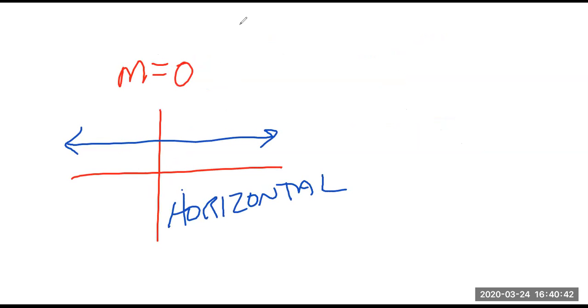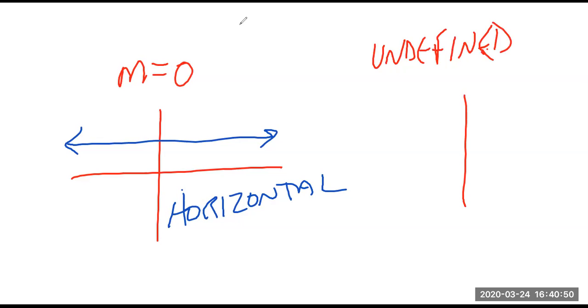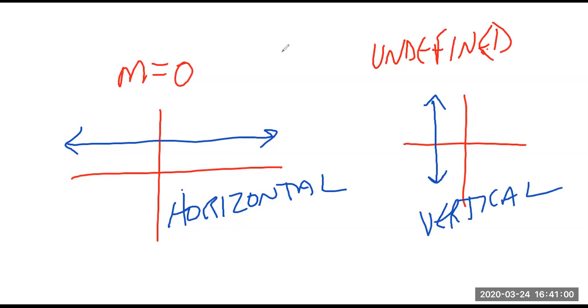When your slope is undefined, what you have is called a vertical line. You need to know this. The next lecture, we'll talk about how to graph horizontal, how to graph verticals, how to do the other ones.